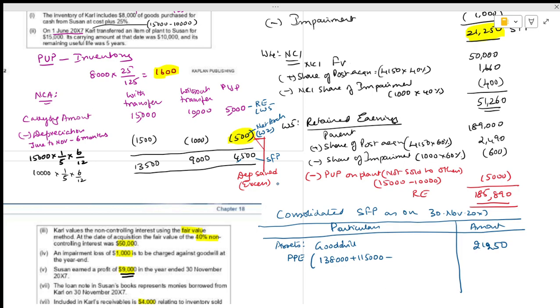We have reduced the depreciation. Total 5,000 is the loss, in this 500 we have saved. So the net loss is going to be 4,500, which we have to show in the statement of financial position.